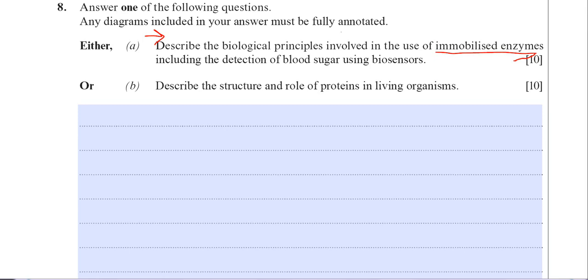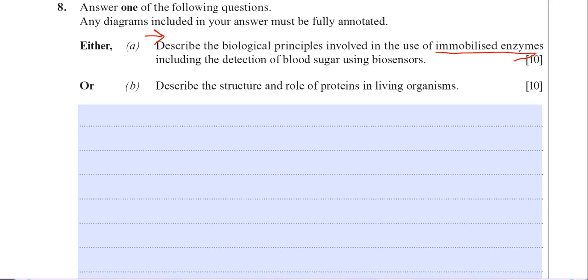The other thing you need to remember is the advantages of using immobilized enzymes. That would be important for this essay. So things like you can reuse these immobilized enzymes. Hopefully you know about producing lactose-free milk. In any industrial process, you can reuse these immobilized enzymes because they're immobilized in an inert matrix.